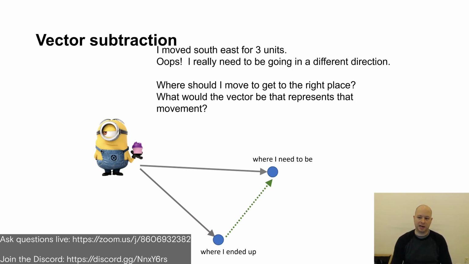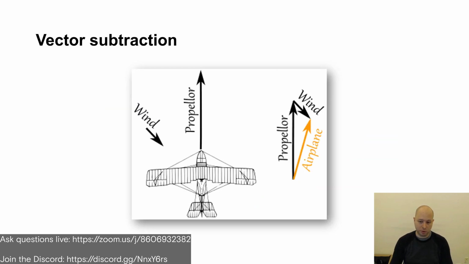Like we were talking about, how do I determine a velocity in the first place? I would take a point at time 1 and another point at time 0, and I would subtract the two, and then I would get the delta. And so you can do the same thing with pure vectors as well.